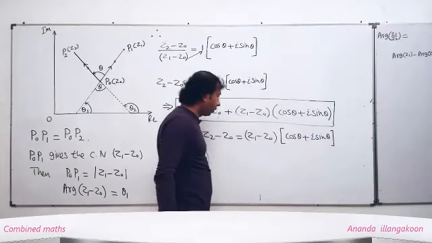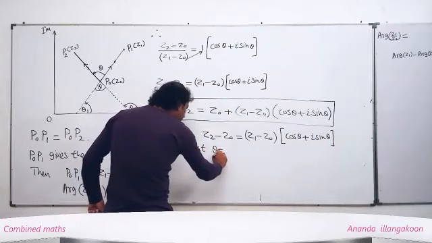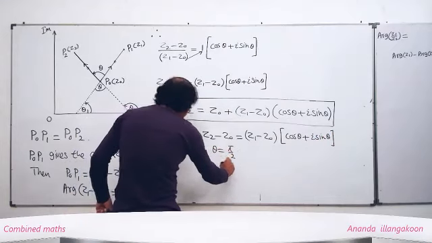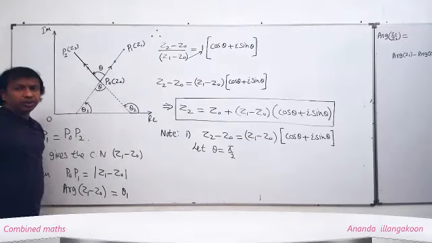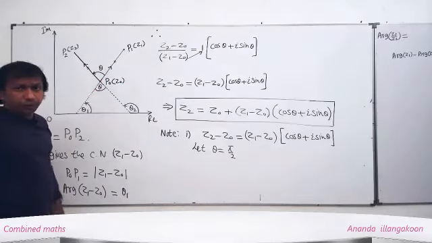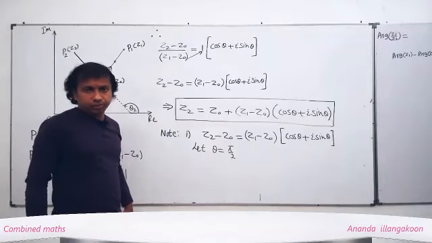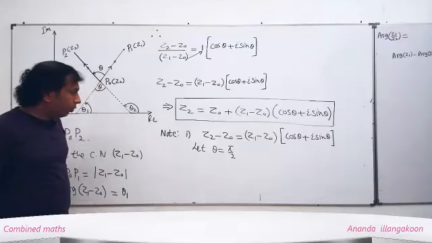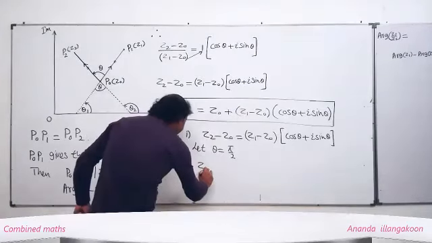Right. Now, let theta equal pi by 2. Now this P0 P1 line segment is rotated about the point P0 by an angle 90 in anticlockwise. Once you put pi by 2, let's see what happens.